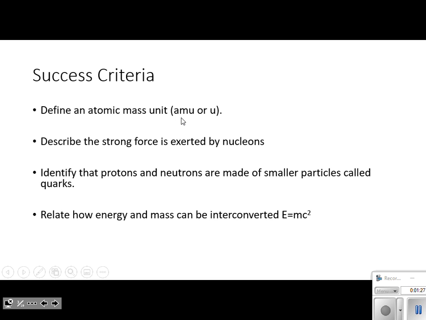We need to relate how energy and mass can be interconverted using Einstein's formula there, E equals mc squared. And finally, we need to be able to predict the nuclear stability of an atom.